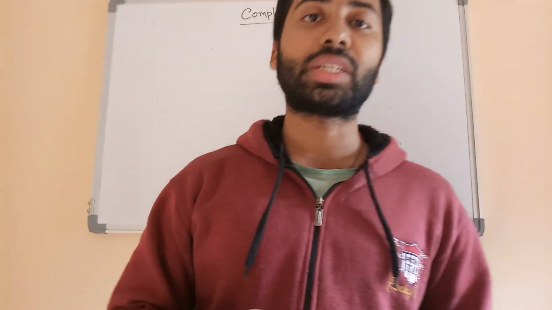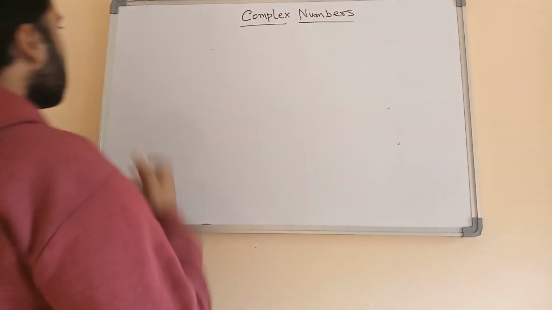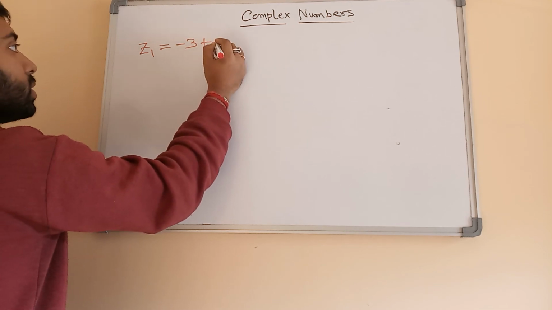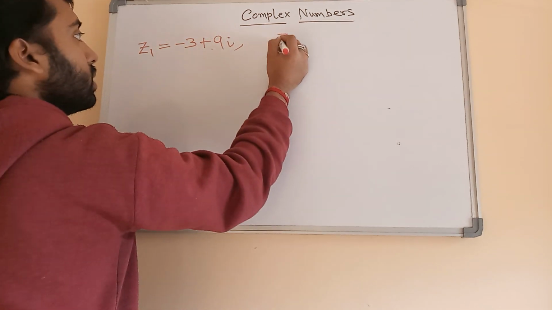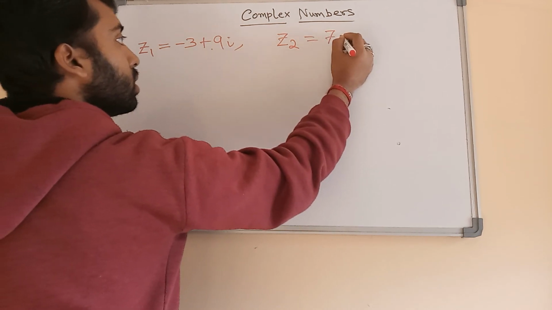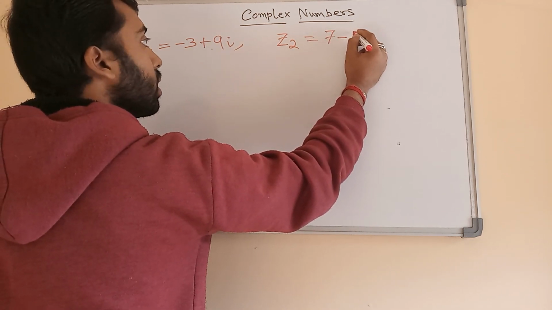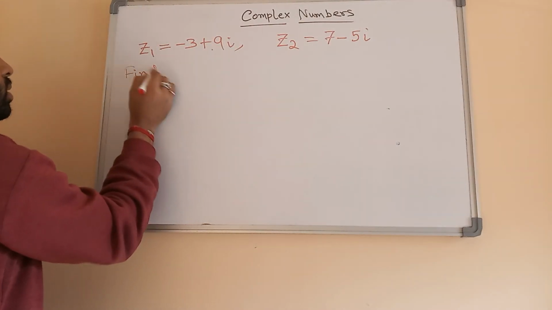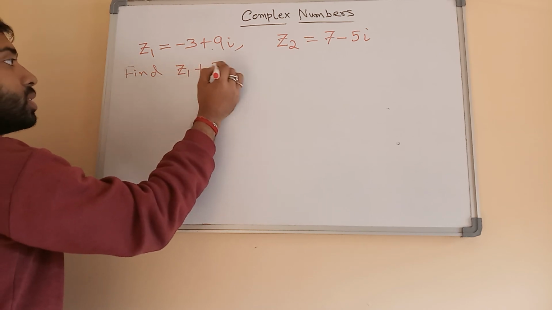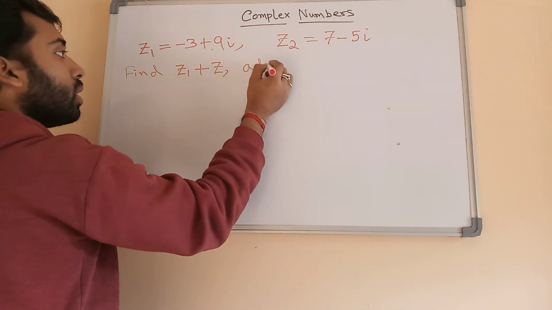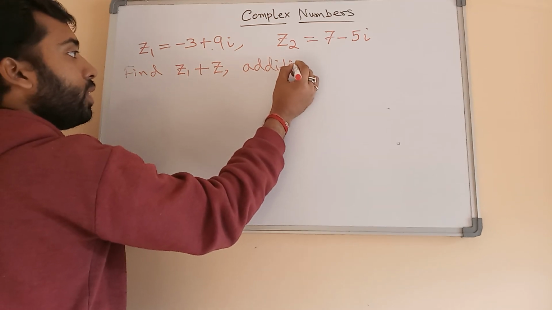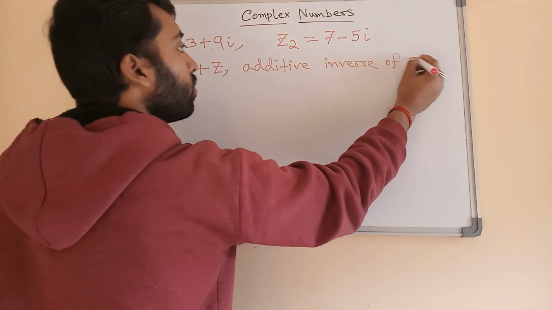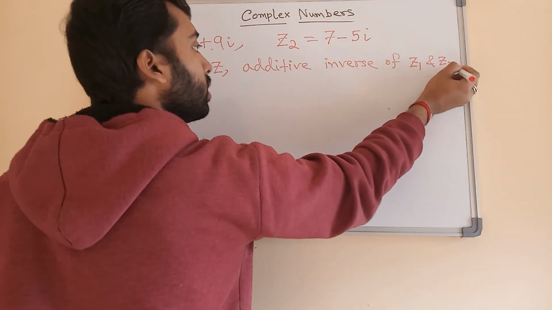So now let's take some examples for the addition. Suppose I have z1 equals minus 3 plus 9i, and z2 equals 7 minus 5i. Find z1 plus z2 and the additive inverse of z1 and z2.